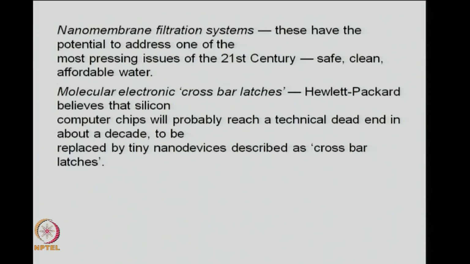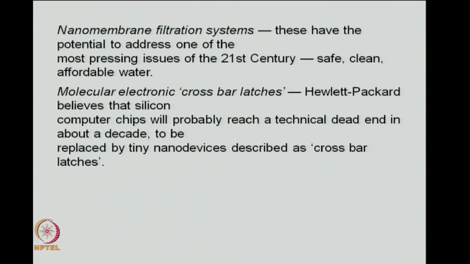Then in nanomembrane filtration systems, because water purification remains a challenge for the world, and more we will need membrane based technologies to purify water, and a lot of work in this area is going on to generate nanomaterials which can remove toxins of different kinds from water and generate these filtration systems.